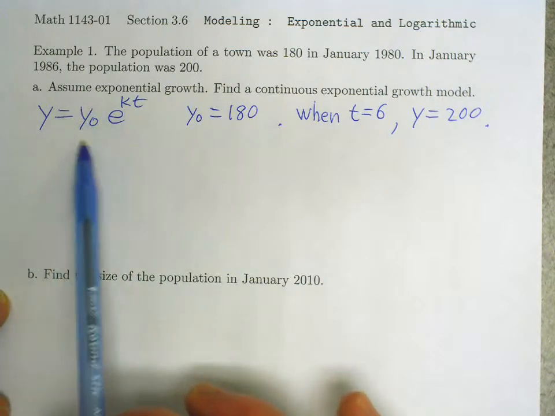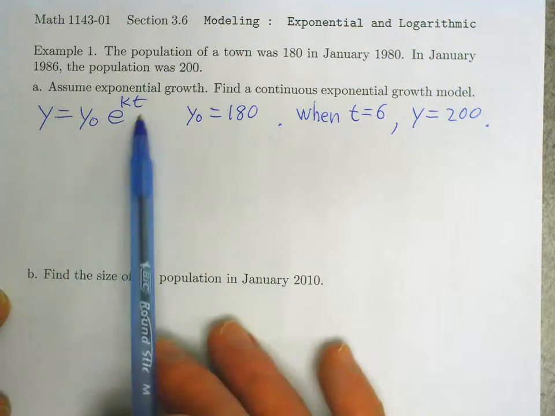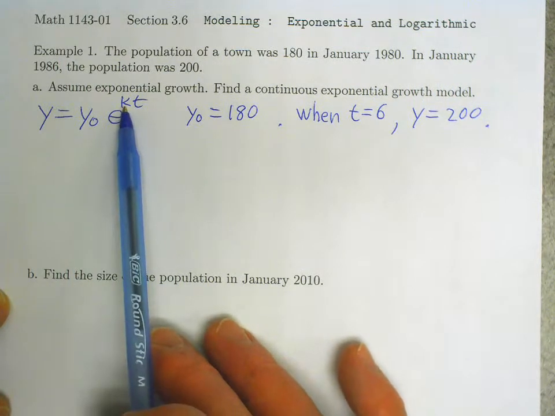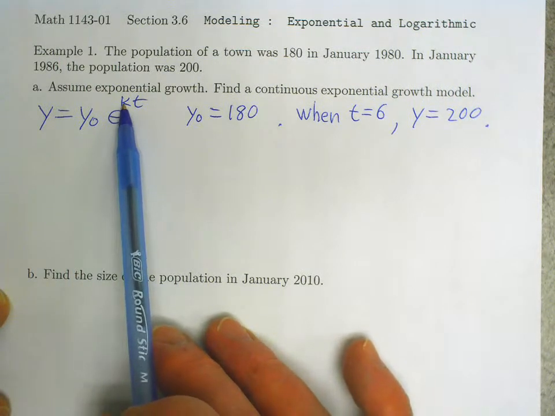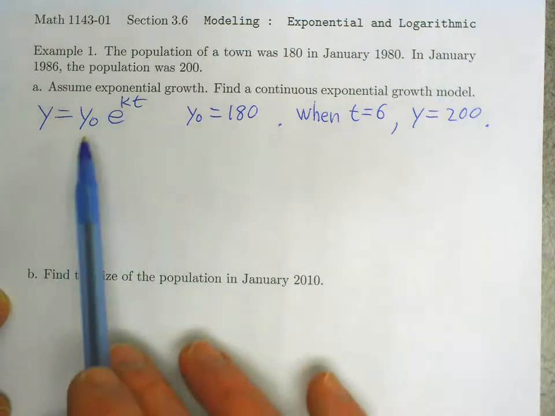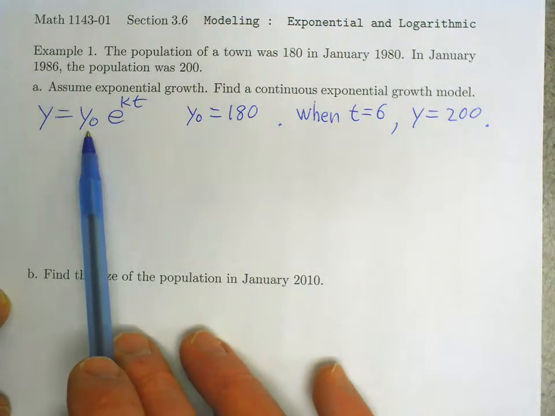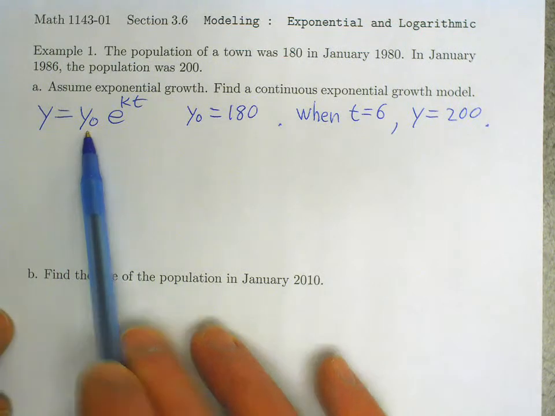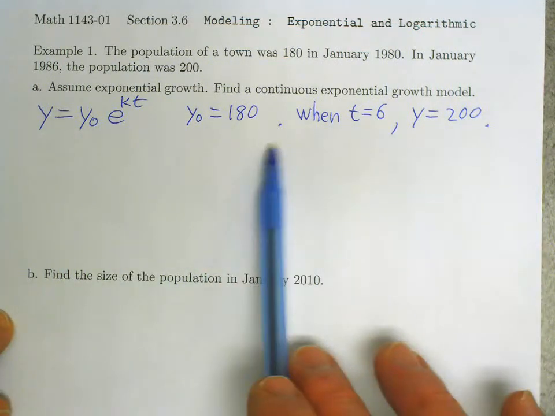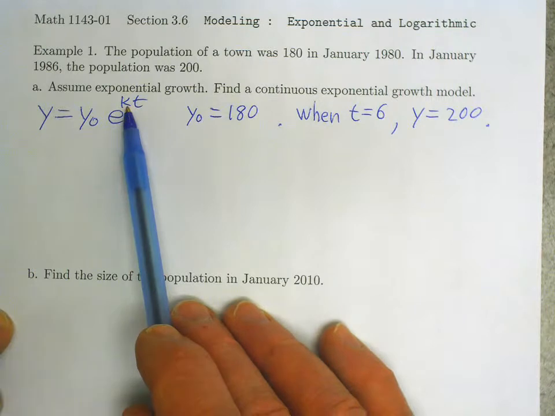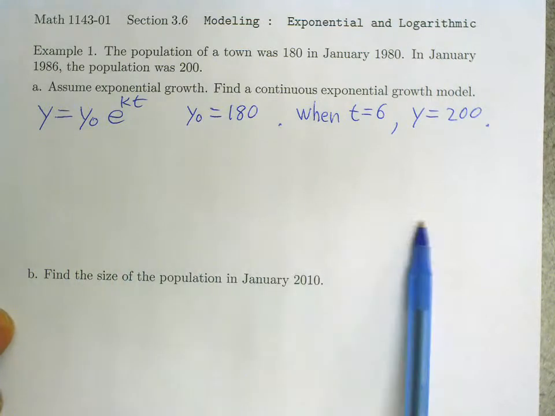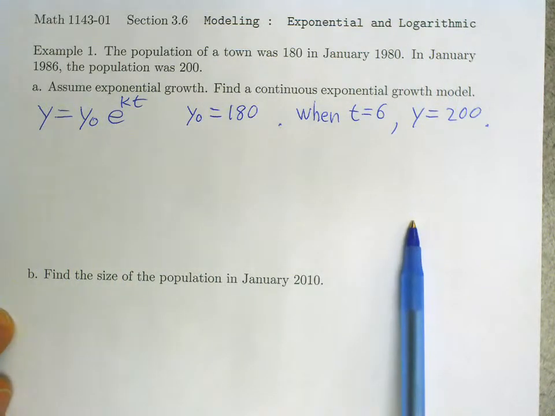That's the initial quantity, y sub 0, and the other one is the continuous exponential growth constant, k. We're already told what y sub 0 is. Now with the other information, we can determine the value of k, and then we will be able to write the complete model for this particular population.